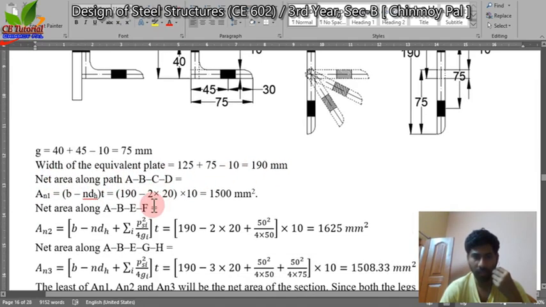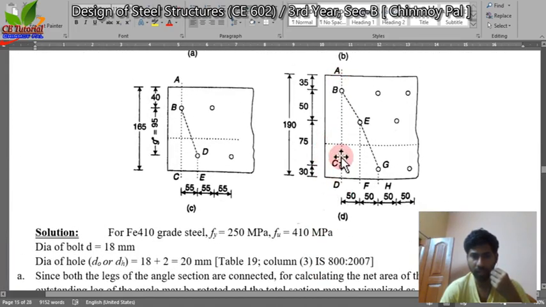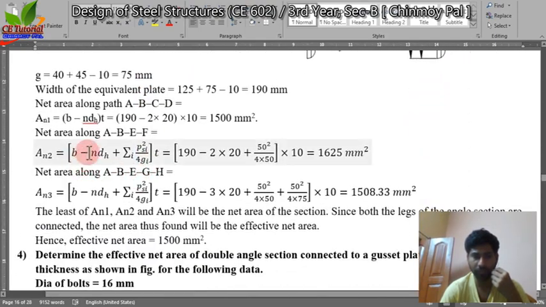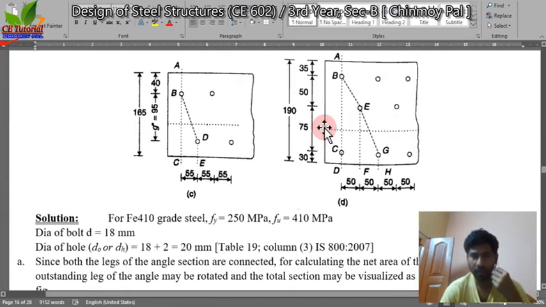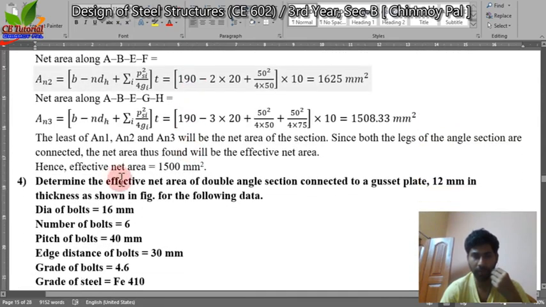and net area along ABCD, that is a vertical straight line, B minus nDh into 2, 190 minus 2 into 20 into 10. And net area along ABEF, one diagonal is there, that's why 1 p squared by 4g t will be there.